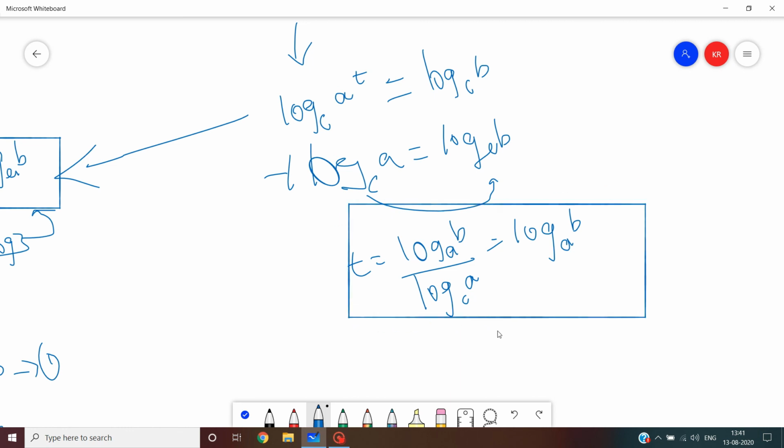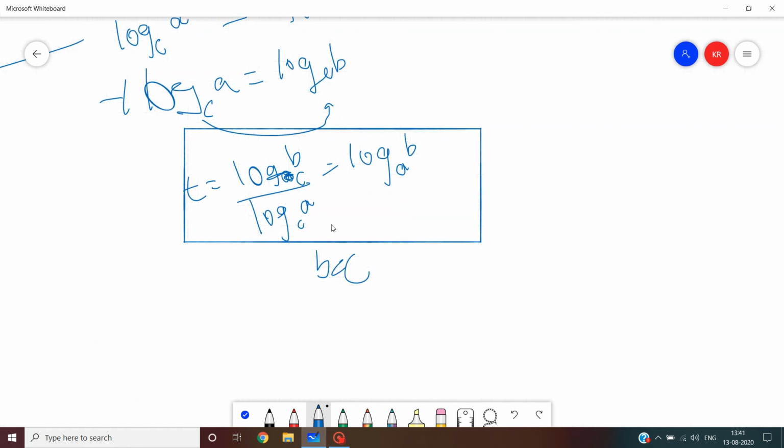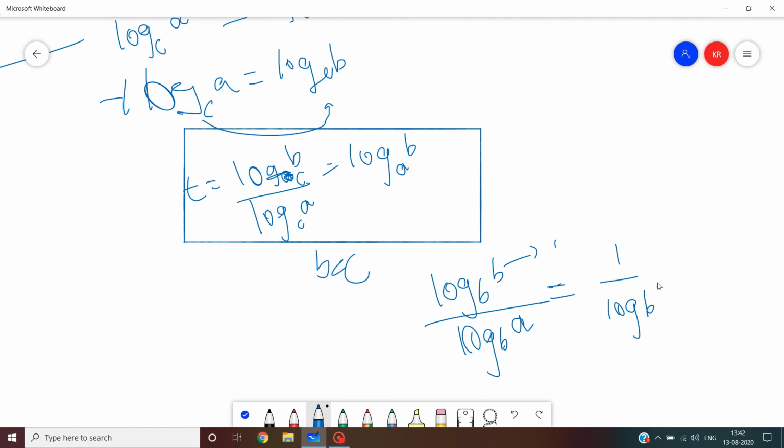And if I take, sorry, I think here you have been confused, right? It will be c. If I assume that b is equal to c, I'll substitute b in place of c. Then I'll get log b of b by log b of a. So this will be equal to 1 by log b of a.